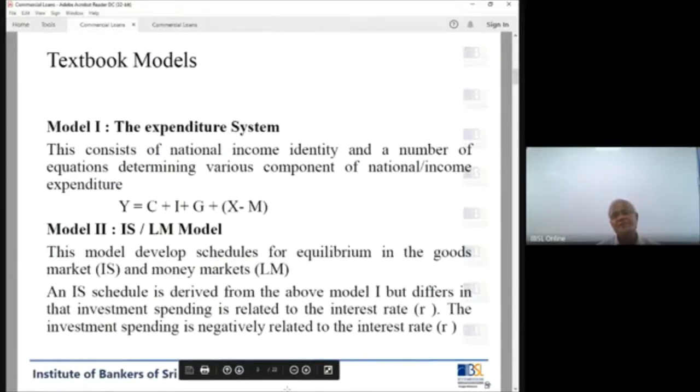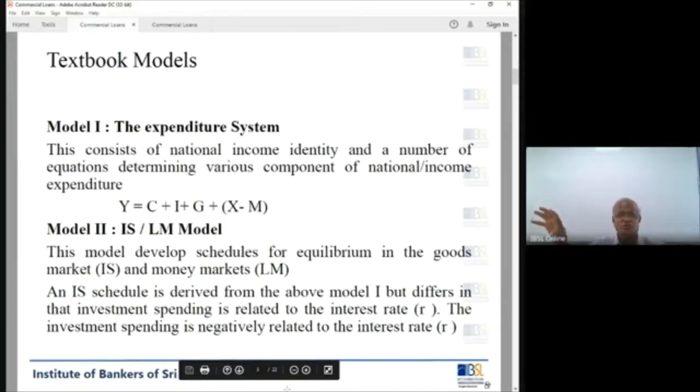Model 1, the expenditure system. This consists of the national income identity and a number of equations determining various components of national income expenditure. Remember, last week we discussed three models about the national income expenditure system: the basic model, closed economy without government, closed economy with government.